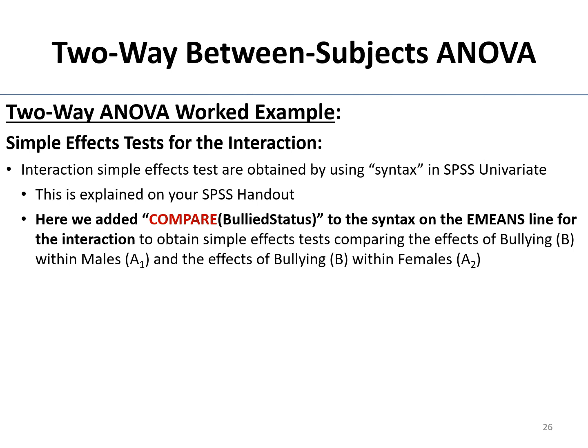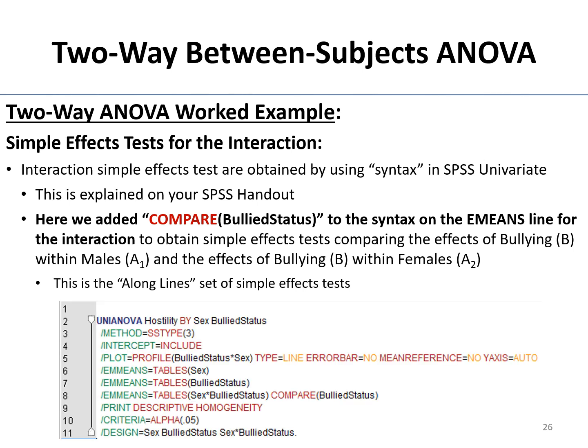So it is explained on your output. You have to add a little tiny thing. You got to actually type a couple words here, compare and bullied status, on the row that's got the interaction effect on it. So you got compare, name of the independent variable you want to compare across the levels being held constant of the other one.